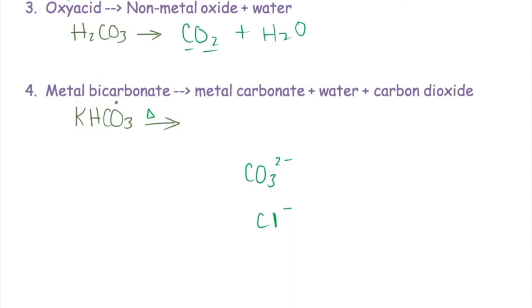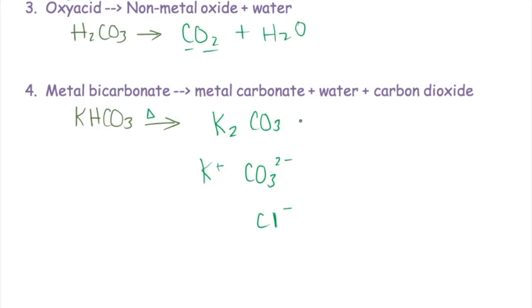Now, metal bicarbonate forms metal carbonate, so our metal here is K, potassium, and carbonate is CO3 2 minus, potassium is 1 plus. So whenever you do the crisscross, the 2 from the carbonate goes on as a subscript for the potassium, and the 1 from the potassium doesn't have to be written.